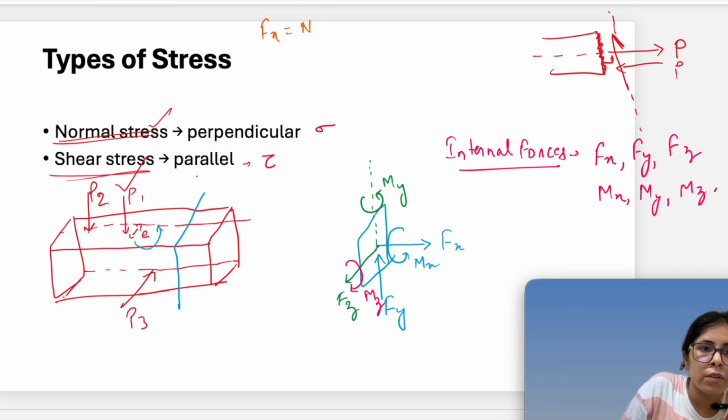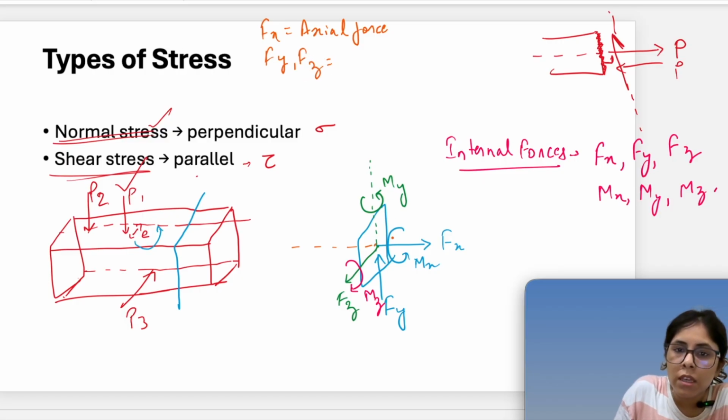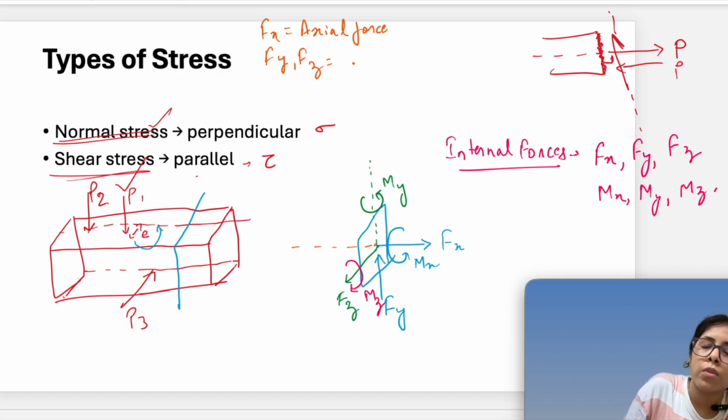It will generate normal stress, but the force type is an axial force, since it is along the axis of the body. Fy and Fz are parallel to the cross section, so can we call them shear forces?